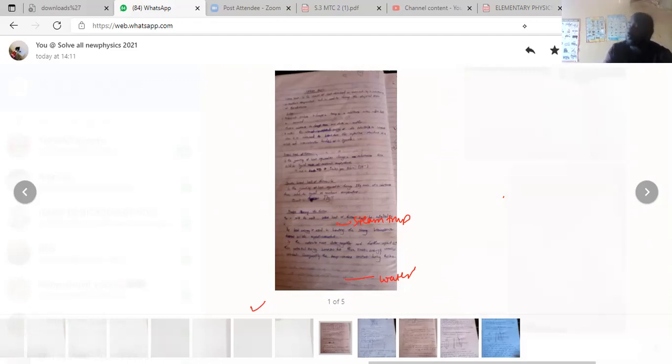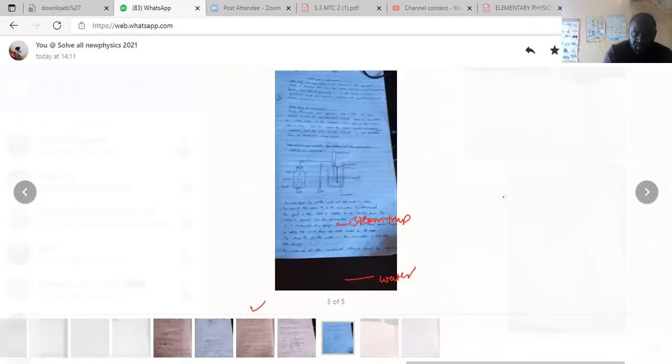Because we are assuming we are going to condense it from that water. Okay, it has arrived.